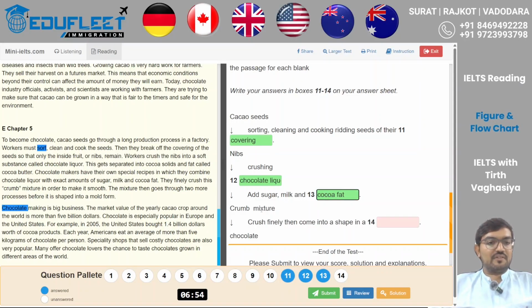Then crumb the mixture. So what they are asking is they finally crush this crumb mixture in order to make it smooth. Okay. The mixture then goes through two more processes before it is shaped into a mold form. Crush finely, then come into a shape in a mold form.